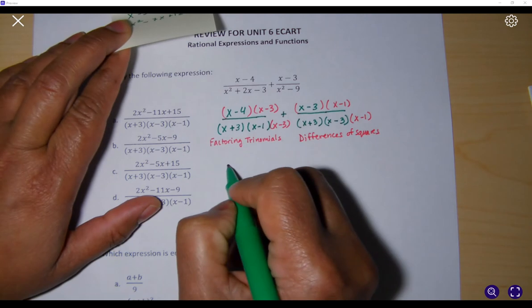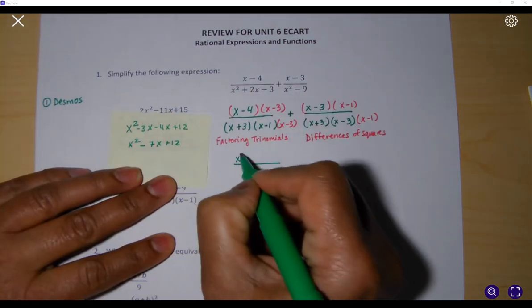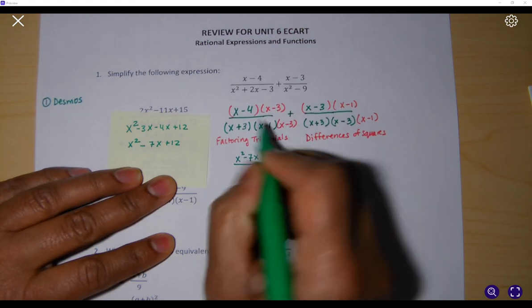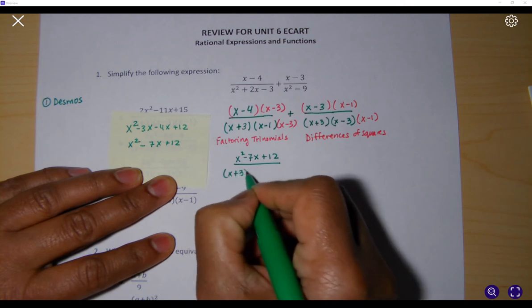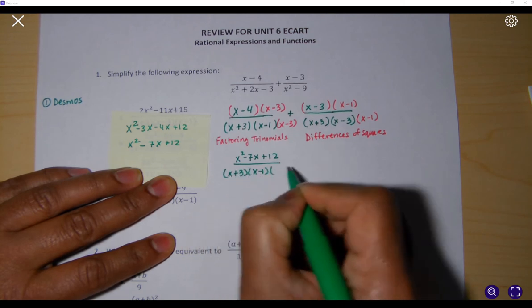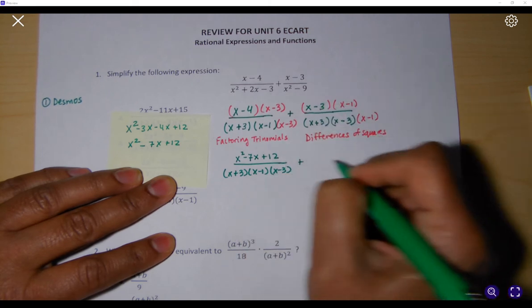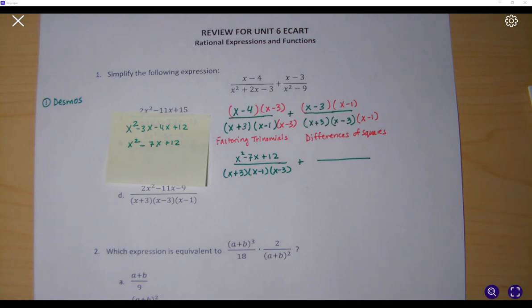So that's what I'm going to write here: x squared minus 7x plus 12. Then I'm going to bring this whole denominator down. Plus, I'm going to do the same thing for the next one as well. I need to multiply it out.